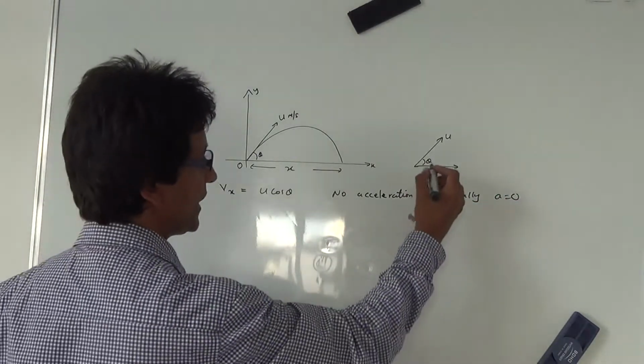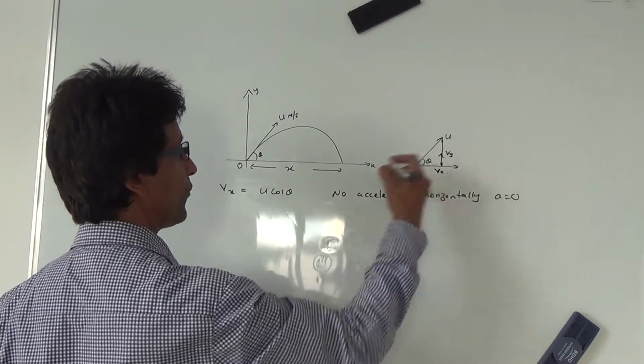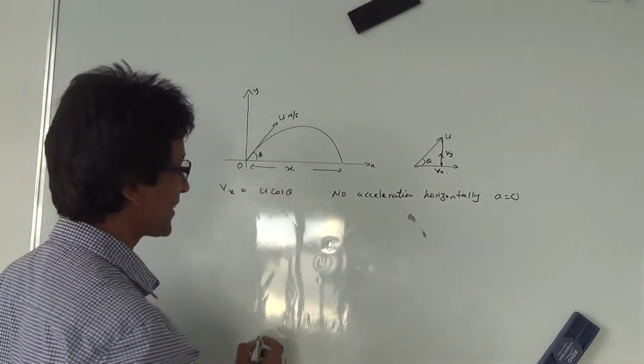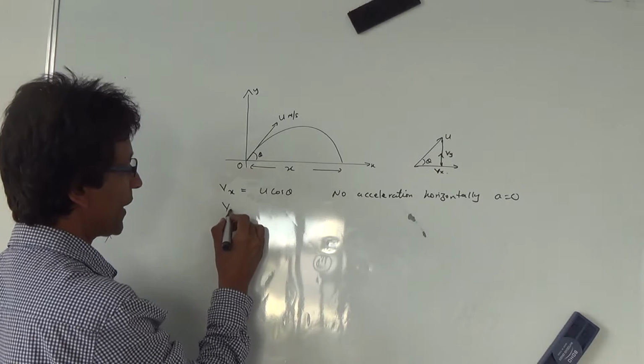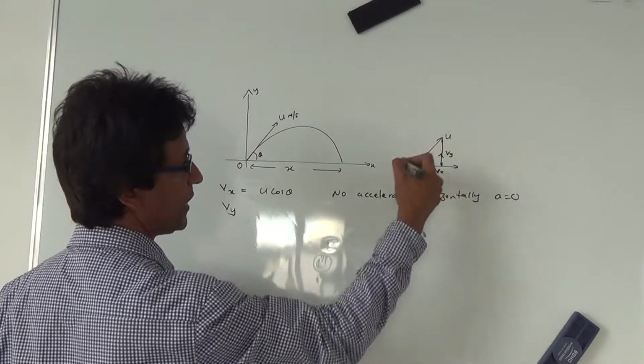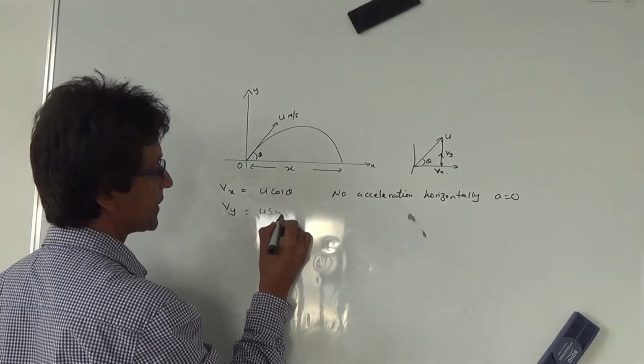And then vertically I've got something like this. This is Vy, the vertical velocity of the object. Over here we've got Vy, which is u sine of theta.